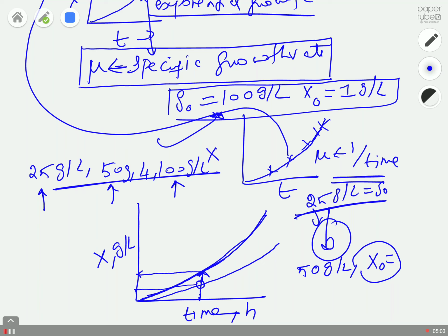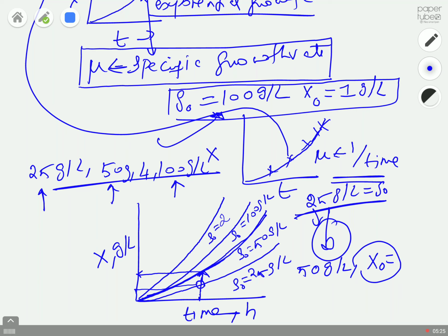If you perform another experiment at 100 grams per liter, your rate is going to increase. And then you do another experiment at 150 grams per liter, it's going to increase. So let's write it here. Your initial substrate concentration, say S0 is equal to 100 grams per liter.